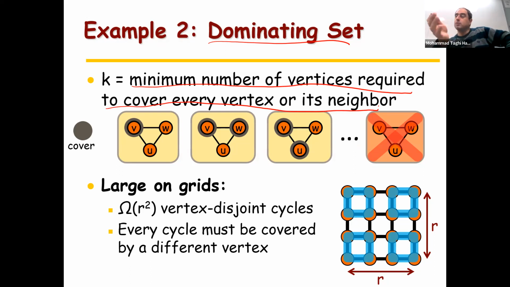Why is this problem so important? We have seen that a covering problem was super important. Which problem? Set cover. Dominating set is essentially equivalent to set cover.